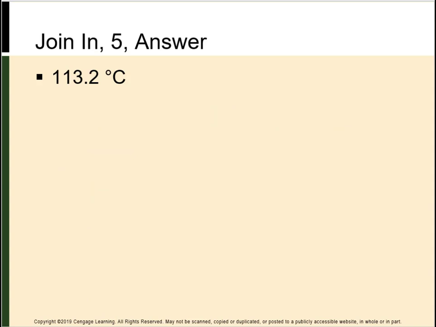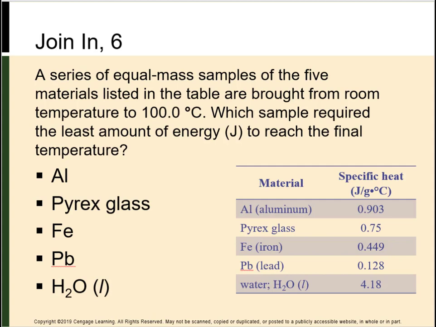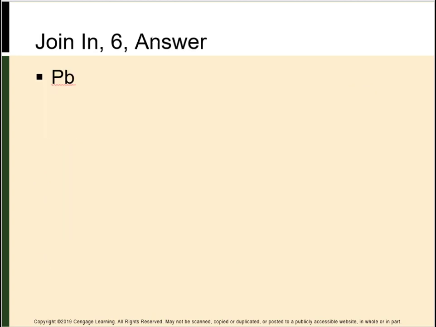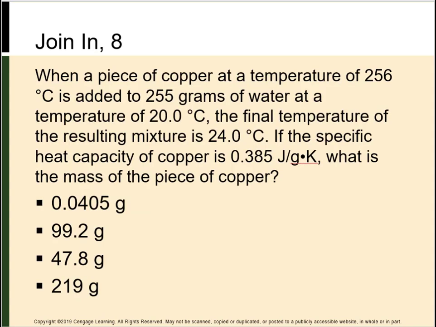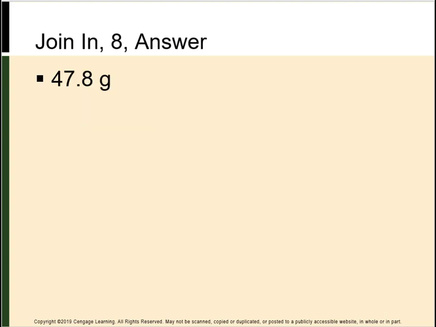Let's do a few more for practice. Again, read it, pause it. Hopefully you got Pb. Take a minute, read it, pause it to find the mass of this copper, and it's 47.8.